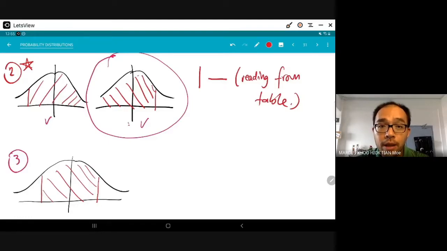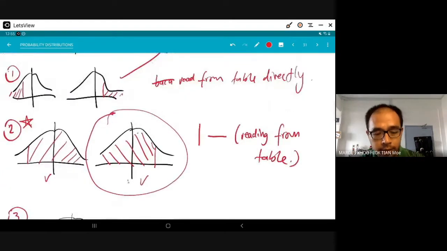Now remember that the table always gives us the reading, bacaan dalam table always gives us the reading daripada itu sampai ke jannah, daripada ini sampai ke infinity. Okay, all the way until infinity.